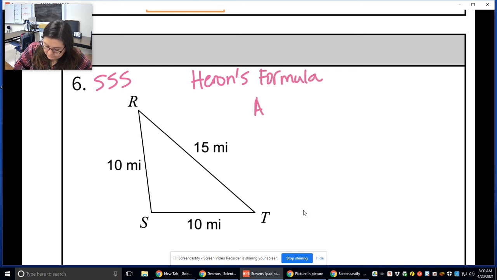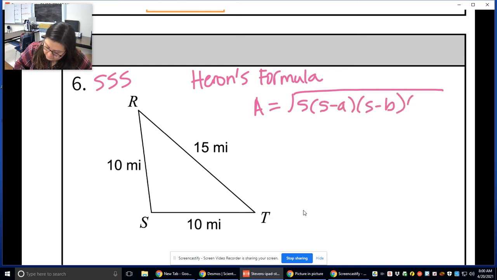So area equals, it's a giant square root, S times S minus A, S minus B, S minus C. So A, B, and C come from the 3 sides. I know this triangle is labeled RST, but it doesn't matter. A, B, C are the 3 sides. S is the semi-perimeter. So let's find S first.